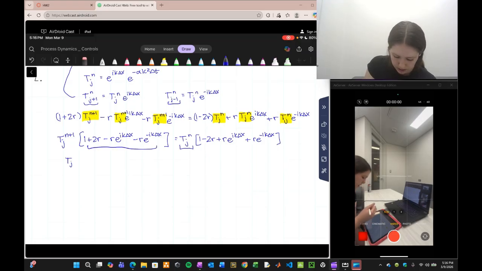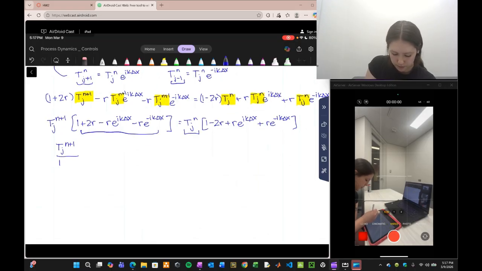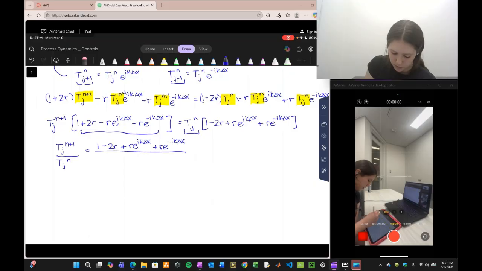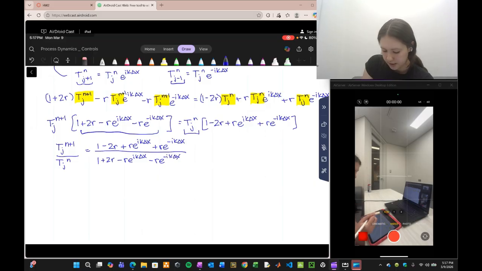So we will get the temperature at position j at time n plus 1 over the temperature at position j at our current time will be equal to 1 minus 2r plus r e to the i k delta x plus r e to the negative i k delta x, over 1 plus 2r minus r e to the i k delta x minus r e to the negative i k delta x.